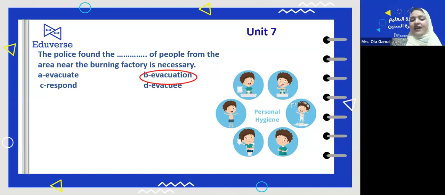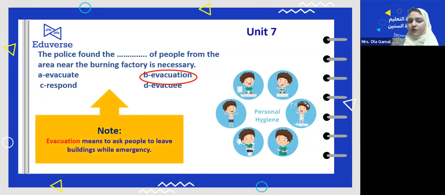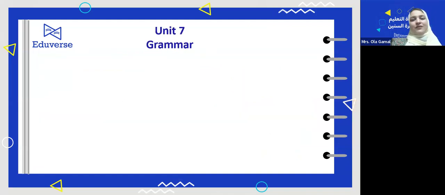It's the evacuation. So here we need to use it as a noun. Evacuation means to ask people to leave the building during an emergency. The word evacuate is a verb and evacuee is a noun for the person. Okay. Now we're going to move to the grammar question.